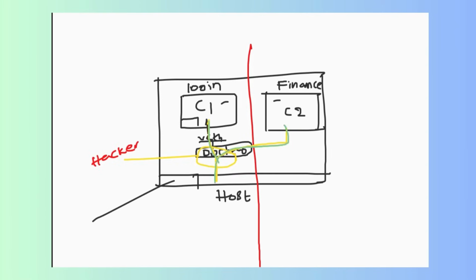If there are 100 containers, all of these 100 containers can ping each other, or one container can talk to the host and the other container can also talk to the host using the same veth, that is docker0. So this is the out-of-the-box nature, and this out-of-the-box nature is also not secure.